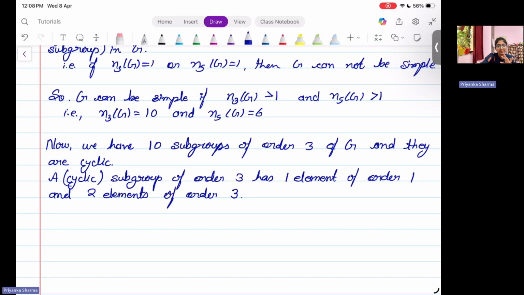They are inverses of each other, and they both are generators of this cyclic subgroup.